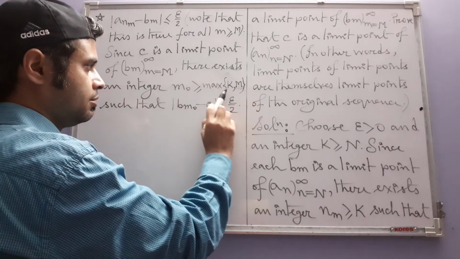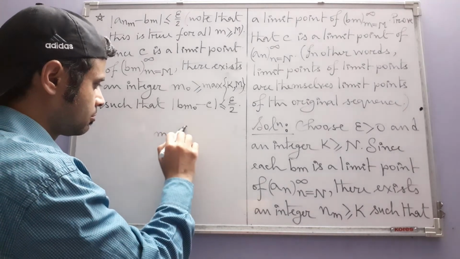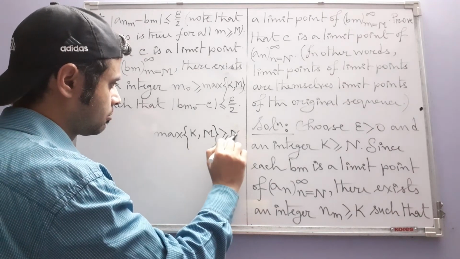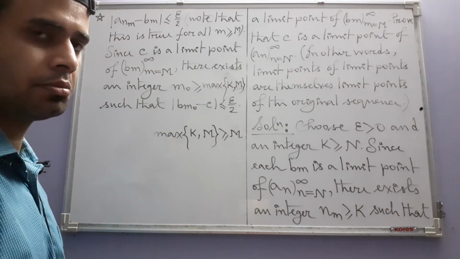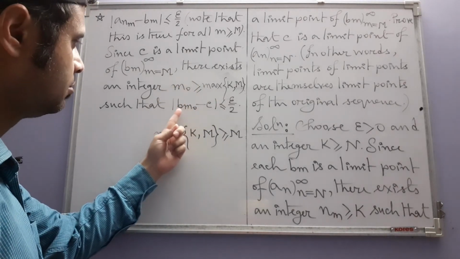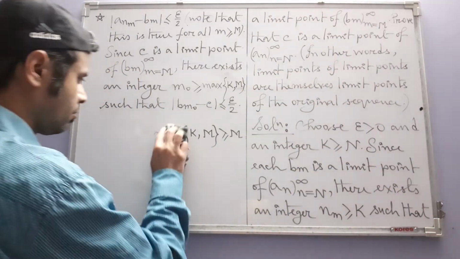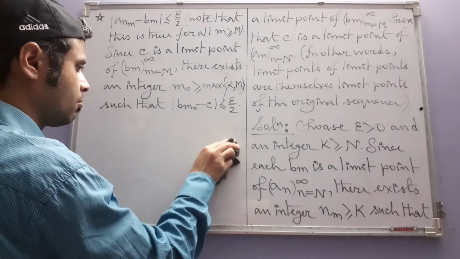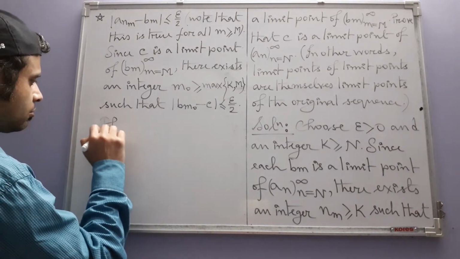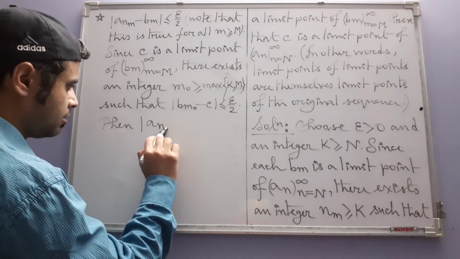Does this stage also satisfy such an inequality? Yes, because it's the maximum. Okay, so because of this we are getting an integer m naught for which this will happen. Then what is the distance between a n m naught and c?